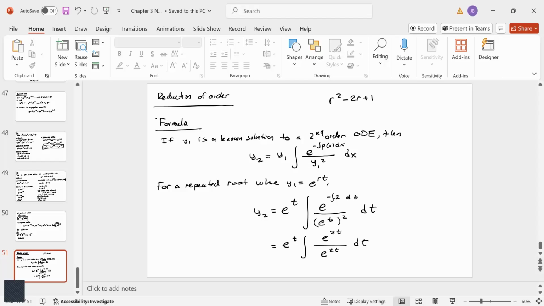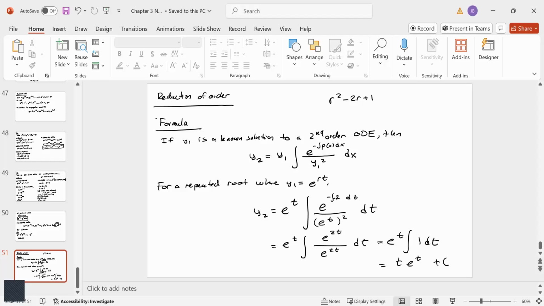Then when you divide the same thing by the same thing, what you end up getting is e to the t times the integral of 1 dt, and then you get e to the t times t. And that's where the t comes from, just from the reduction of order process. So that is essentially how we generated t from our repeated roots case.